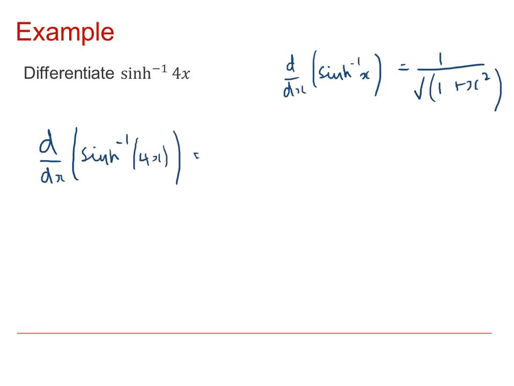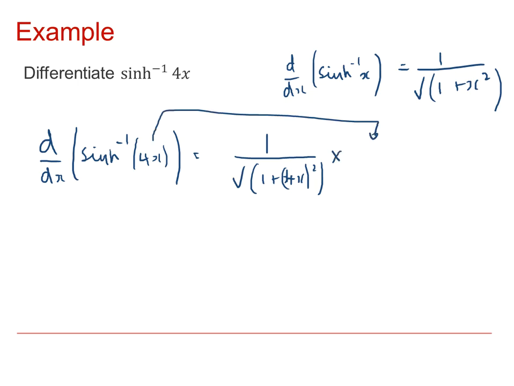So we'll get 1 over the square root of 1 plus 4x all squared. But you must remember that the chain rule applies, so we must multiply by the derivative of 4x, which is 4. So therefore we end up with 4 over the square root of 1 plus 16x squared.